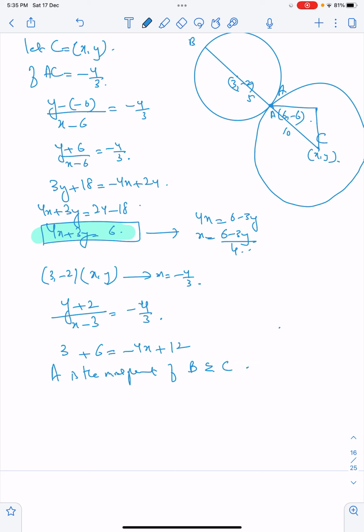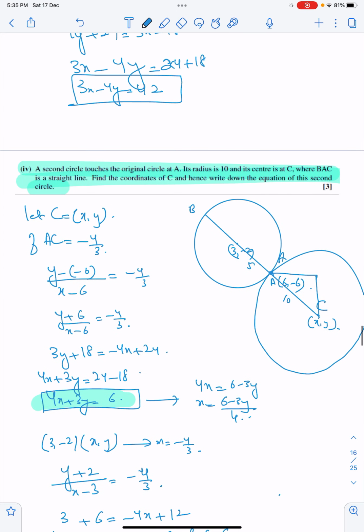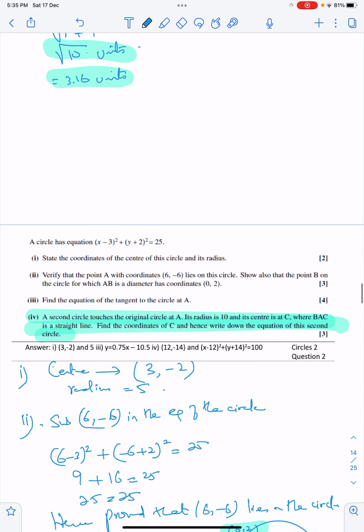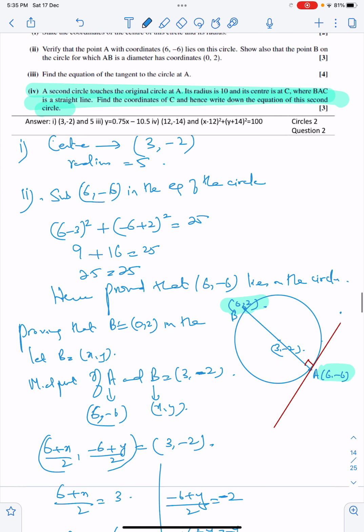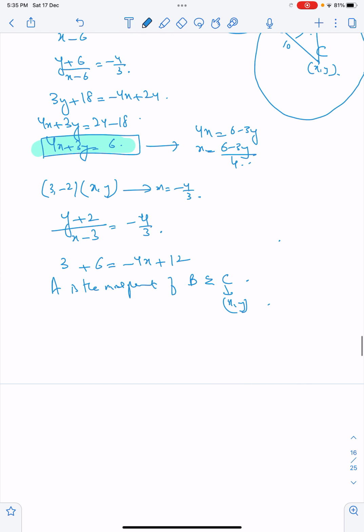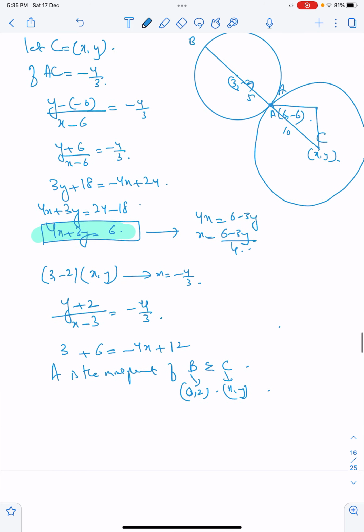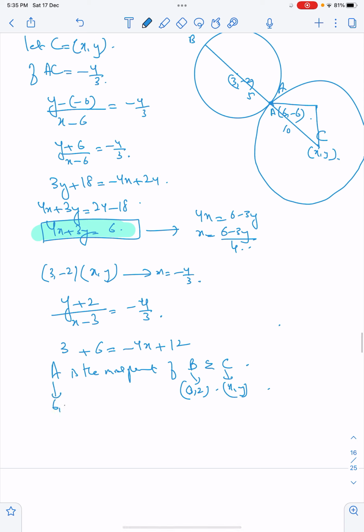Okay, so I can take C to be x, y. I know that the coordinates of B are 0 comma 2, and A is the midpoint, so the coordinates of A we know are 6 comma negative 6.